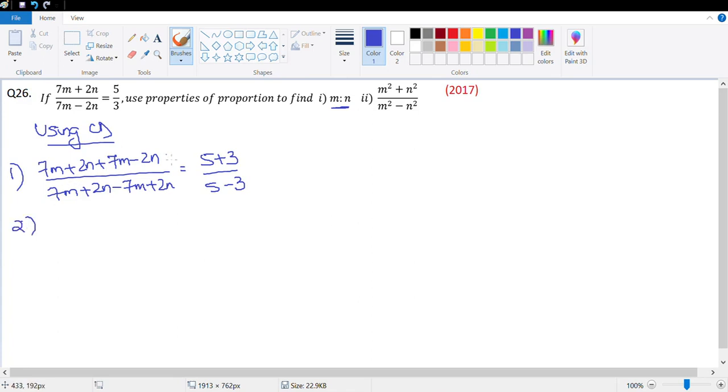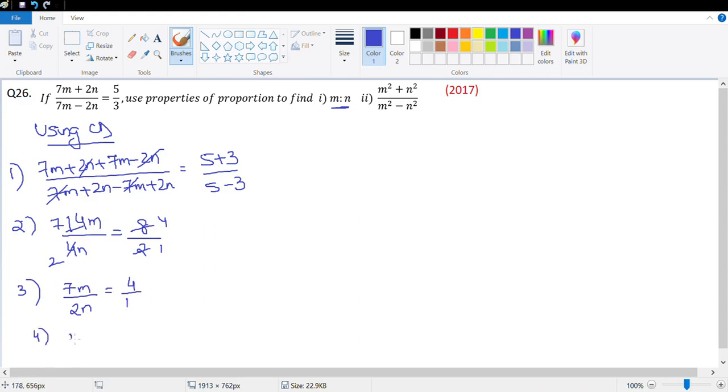negative 2n plus 2n gets cancelled, negative 7m plus 7m gets cancelled. So we have 14m upon 4n is equal to 5 plus 3, 8, 5 minus 3, 2. Since we want the value of m upon n, let me write this as 7m upon 2n is equal to 4 upon 1, which means m upon n is equal to 2 into 4 upon 7, which is 8 upon 7.